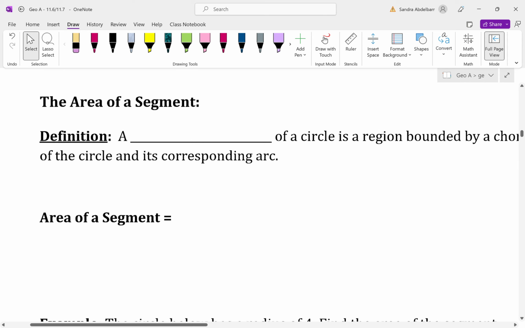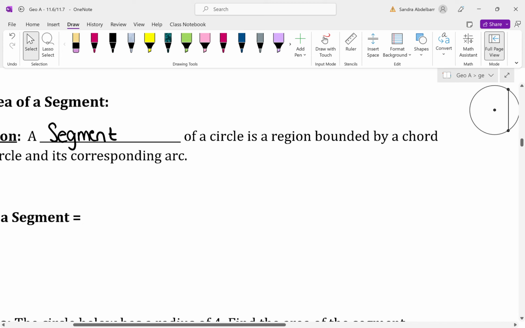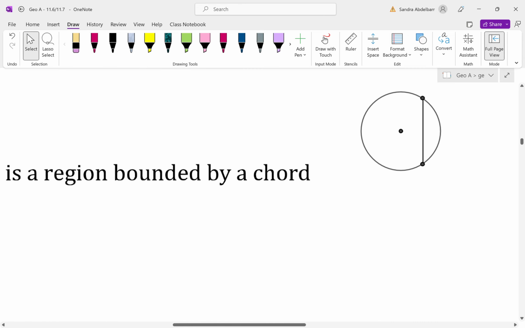All right, let's talk about a segment. A segment is very different than a line segment. A segment of a circle is a region bound by a chord of the circle and its corresponding arc. So right here, obviously we have this chord. The segment is going to be the area between the chord and the arc.